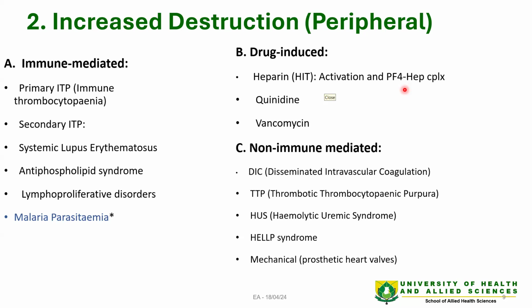Thrombotic thrombocytopenic purpura also results in the formation of clots, very widespread formation of clots. And like I made us to know earlier, clot formation cannot occur without platelets because it's on the surface of platelets that the coagulation factors react to form the clots.